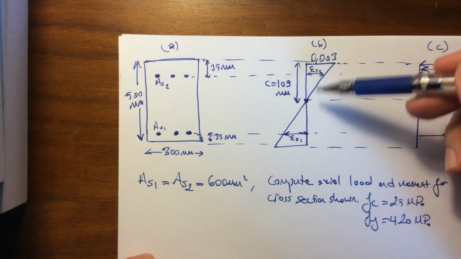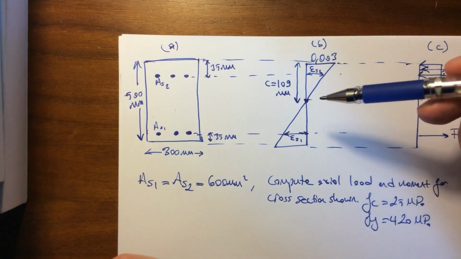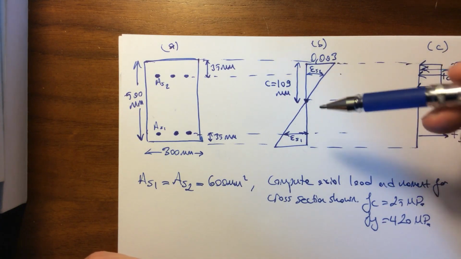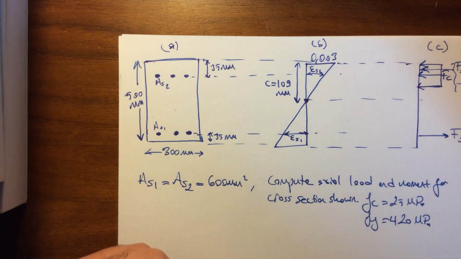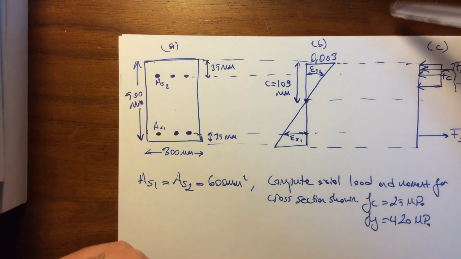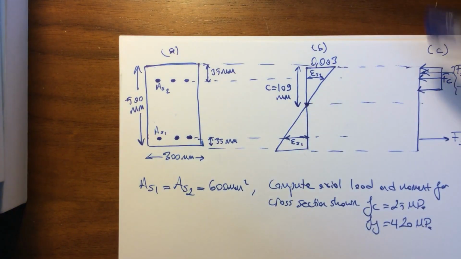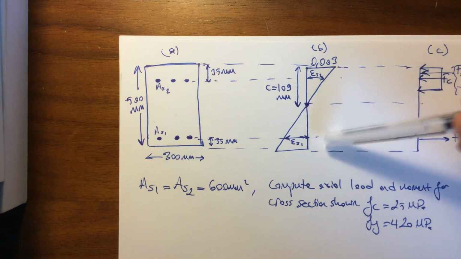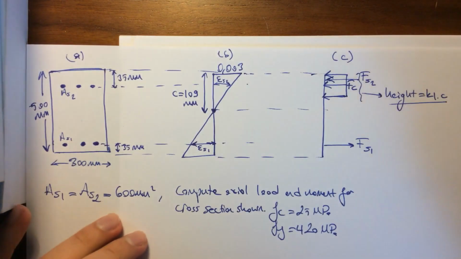We are going to use the similarity between the triangles to calculate the strain values in those steel layers, and we will compare this value with the yield strain of this steel in order to get the information if those steel layers have yielded or not, which will affect our calculation in getting the result for the force and the moments.